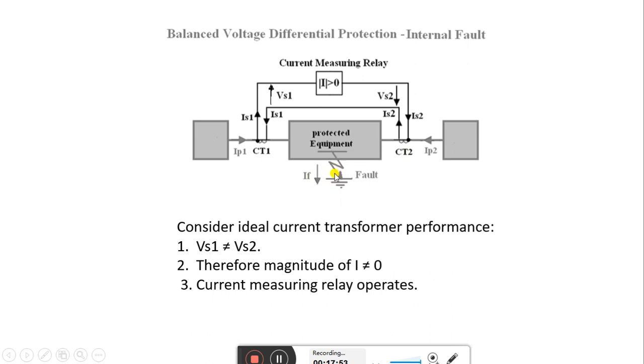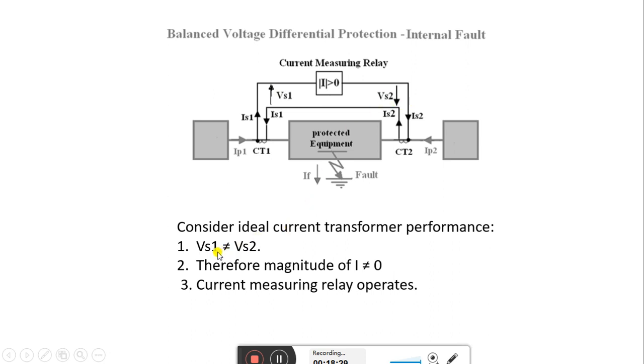This is the fault current flowing through this grounding or fault path. Because the fault is inside the protected zone, it will disturb the potential difference between these two ends, that is VS1 and VS2. So a potential difference will be created between the two ends of the protected zone.